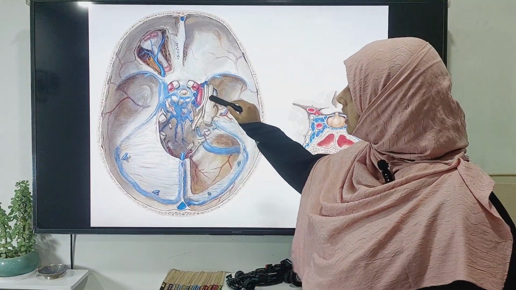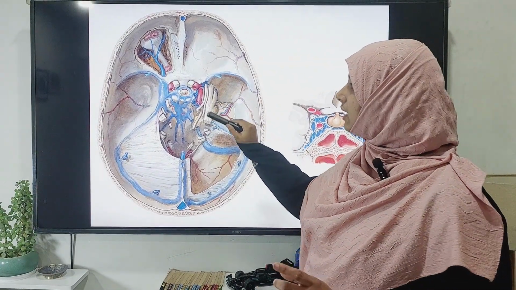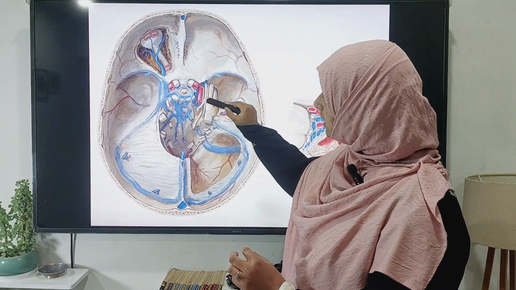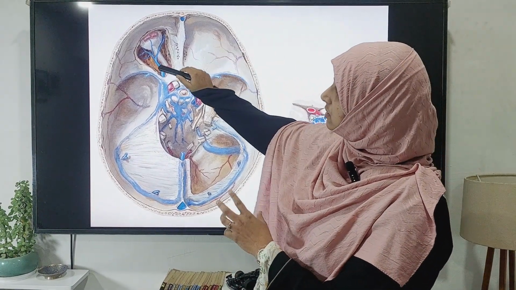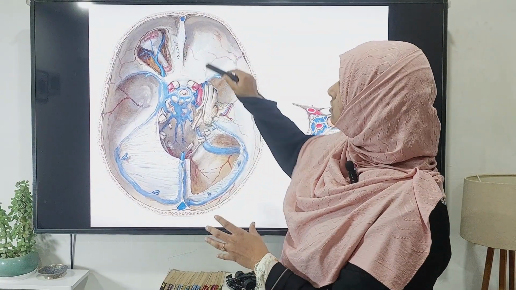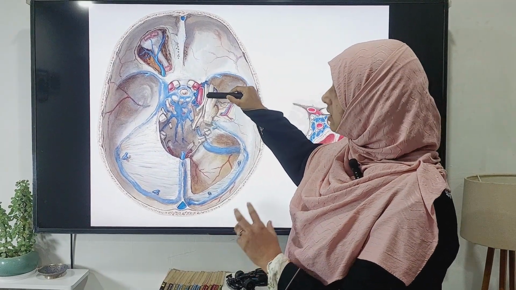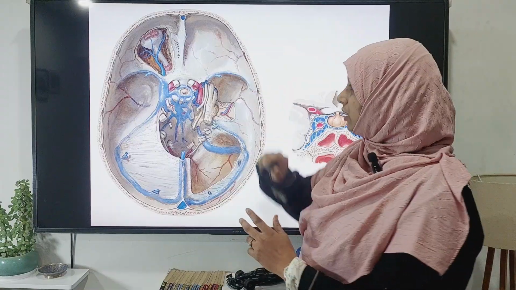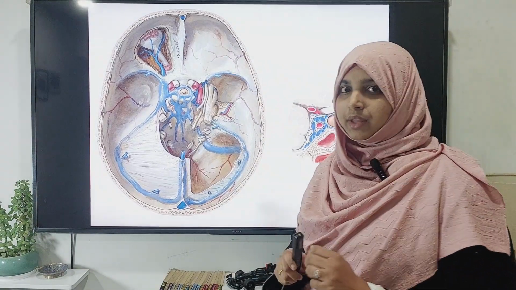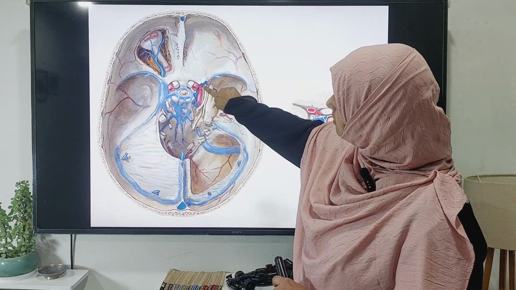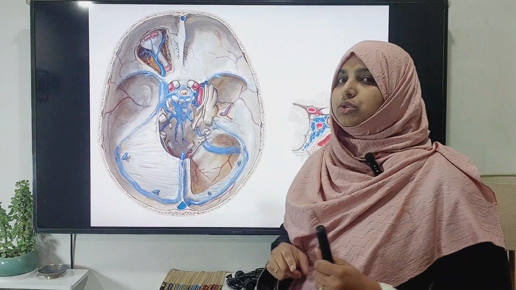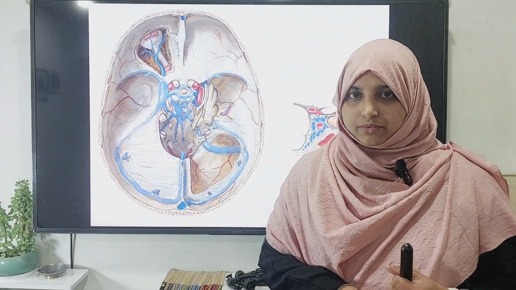Along the lateral wall of the cavernous sinus, we have all these nerves traveling to enter the orbit. Can you see on this side? That's the orbit. The first, the uppermost, superiorly placed structure is the oculomotor nerve.